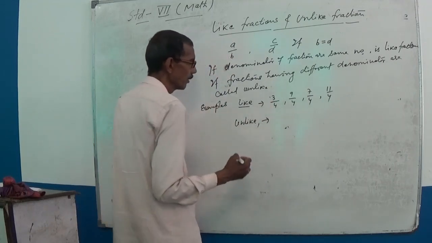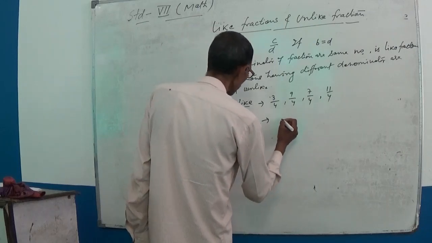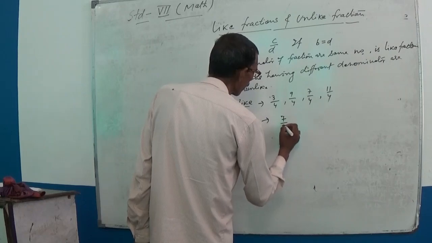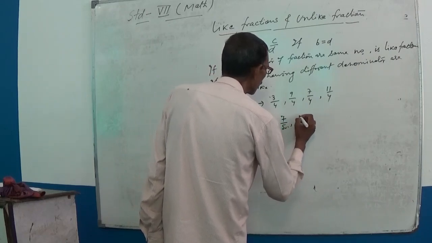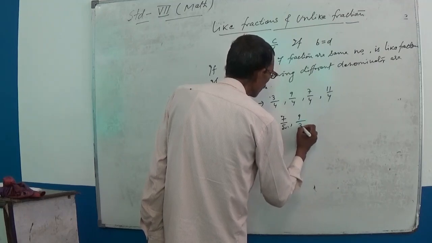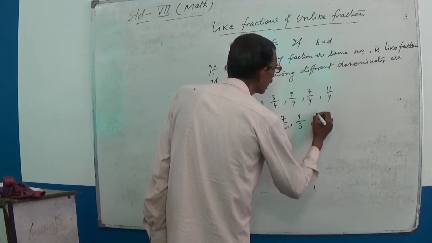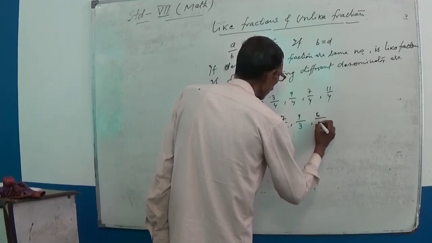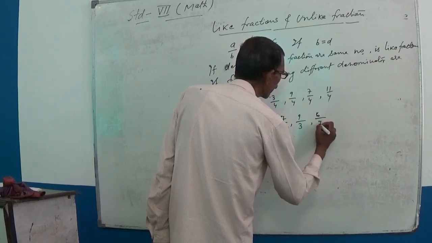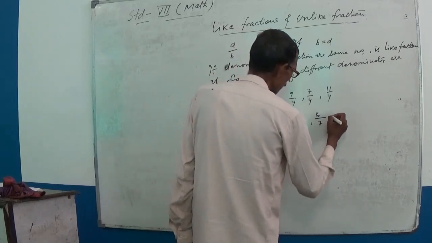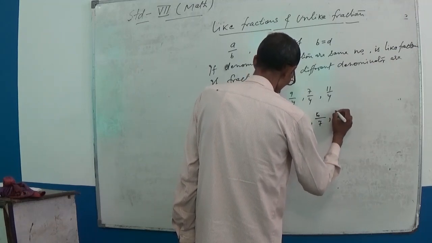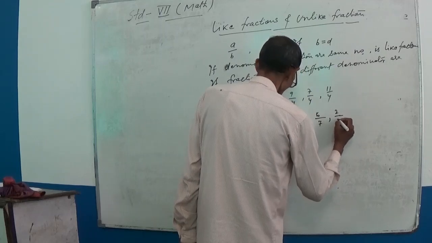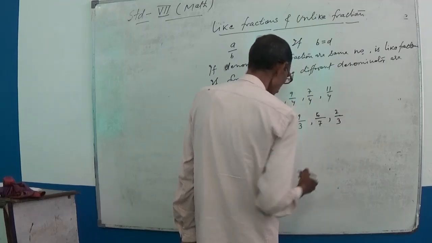And for unlike, we choose some examples of unlike fractions: 7 by 5, 9 by 3, 6 by 7, 2 by 3.